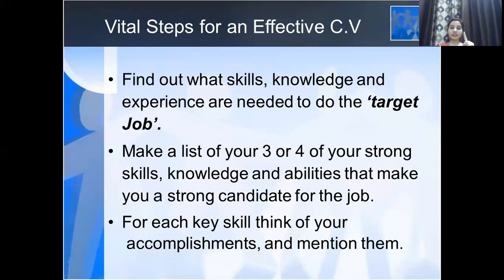So your first task would be to just Google that job title and find out what skills, knowledge and experience are required. Then you can do the mapping and make a list of 3 or 4 good, strong skill sets, abilities and knowledge that make you a strong candidate for the job.